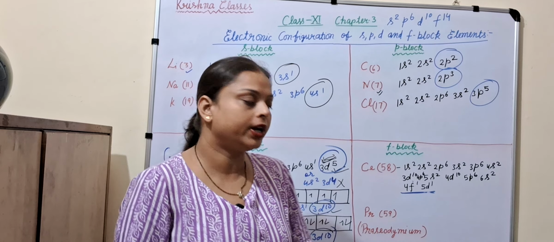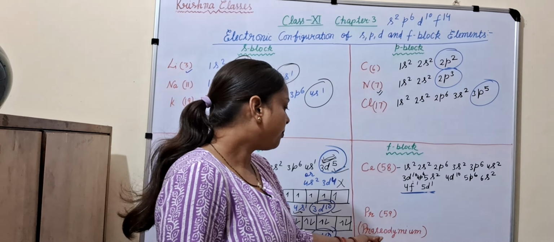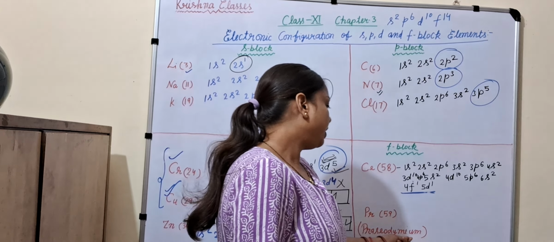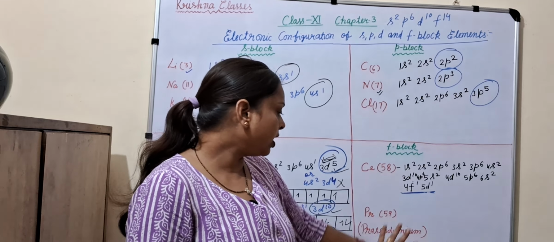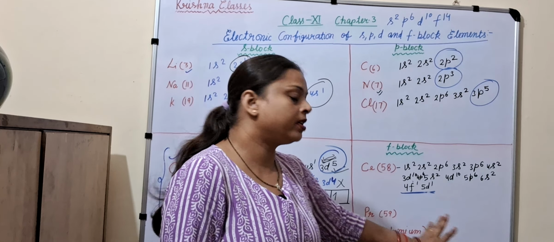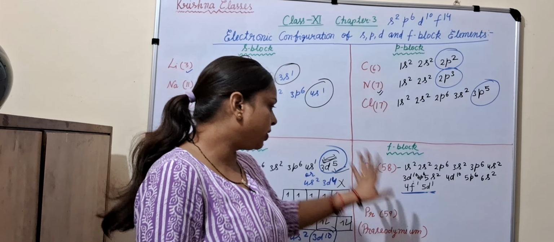Atomic number is 58. Next is praseodymium. This is also an f block element. Atomic number is 59.